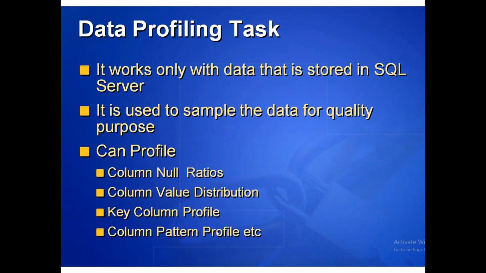Like this, it is doing some kind of profiling, some kind of sampling of the data. For quality purposes, it is checking all these things. So before loading into the destination, this is used. Okay, so we'll do one clear demo.